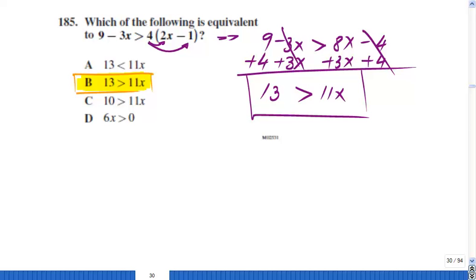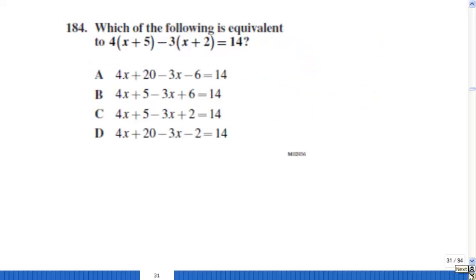You may have a question on your proficiency exam that will be exactly like this one. Let's try another one. Which of the following is equivalent to this one? So here you have to simplify an algebraic expression. Remove the parentheses by multiplying. I have 4 times x, 4x, plus 4 times 5, plus 20, minus 3 times x, which is 3x.